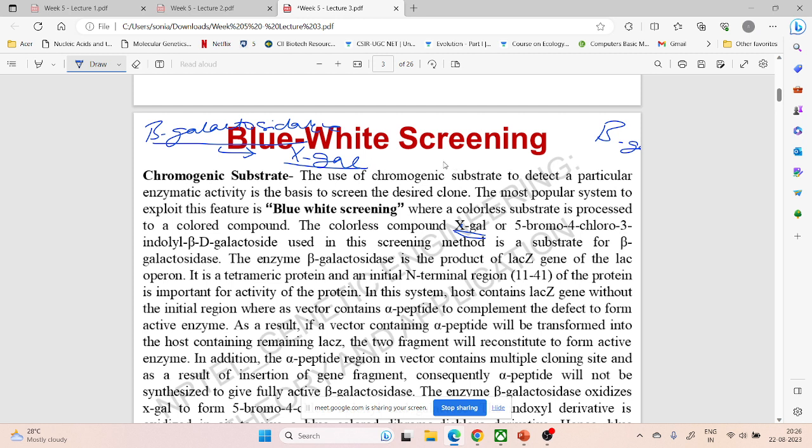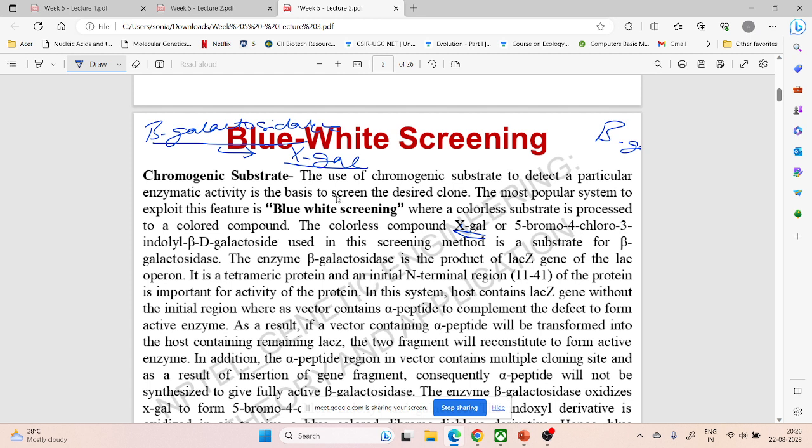Is this clear? Now I'll just read it out: the most popular system to exploit this feature is blue-white screening, where a colorless substrate is processed to produce a colored product. We have studied that the lac operon has three genes, Z, Y, and A. Now lacZ produces an enzyme known as beta galactosidase.